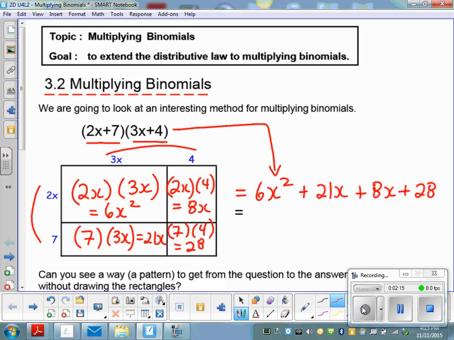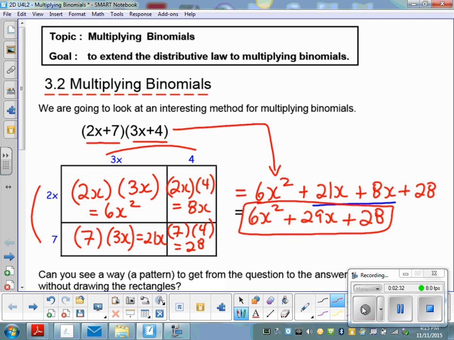And when I simplify things there, so we talked about this the other day, collecting the like terms together. So those two terms are like each other. If I collect them together, I get 29x in the middle. And this is what I get for my answer.